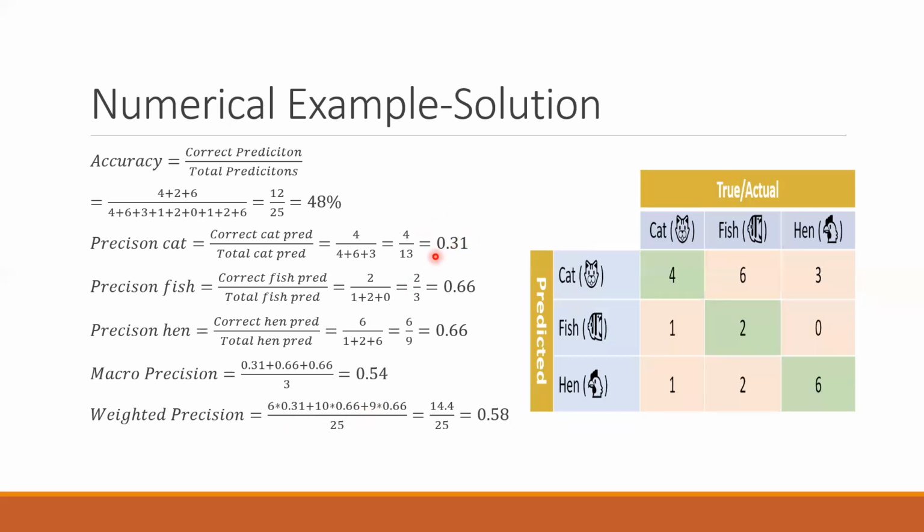So if you get a 0.31 value of precision for cat, but total number of actual cats are 6, it will be 6 into 0.31. Similarly, fish are actually total 10, so 10 into 0.66, plus 9 into 0.66. So the weighted precision is 0.58, the macro precision is 0.54, and that's how you calculate these values.